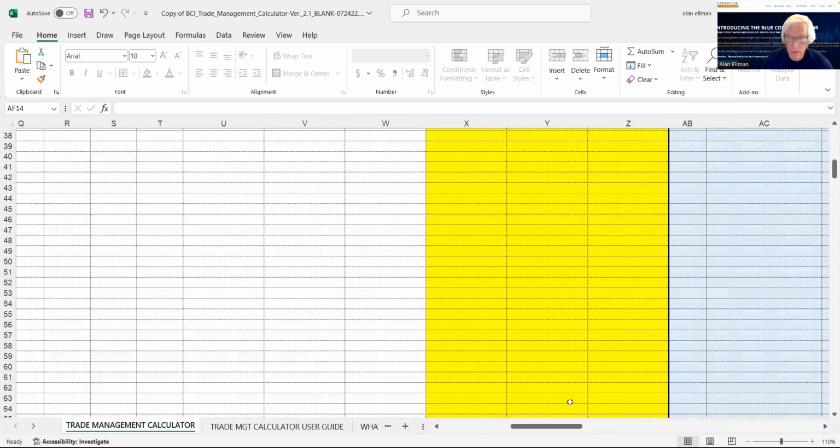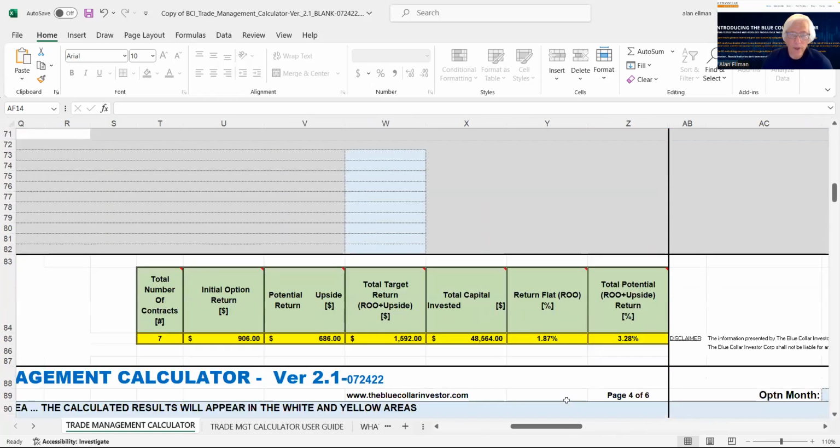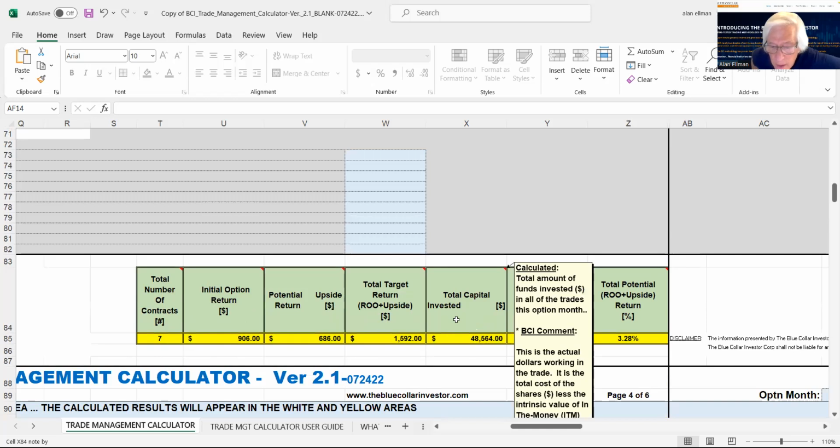So if we scroll down on the spreadsheet below, the spreadsheet will also give you your total portfolio initial returns for these 7 contracts that we sold, where we took in $906 in cash. We had a potential of an additional $686 in cash, okay, which would give us a possible $1,592 cash for that 32-day trade. The amount of capital that we invested in this trade is $48,564.